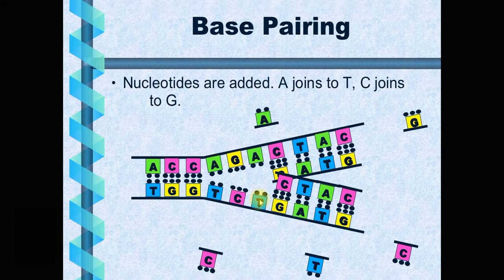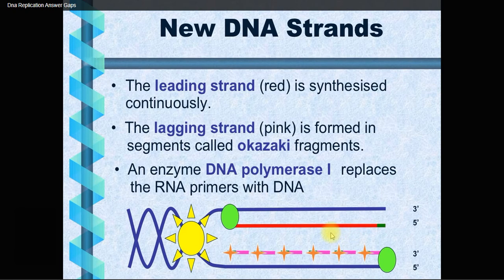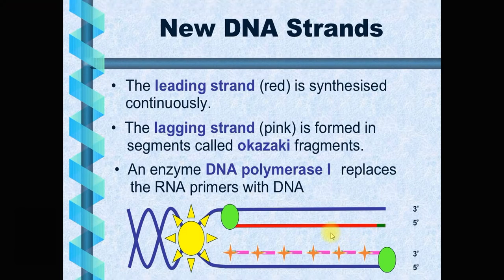A nucleotide is always added only to the 3' end of the growing strand, as you can see in this diagram. Scientists have identified that polymerase can add bases only in this direction.